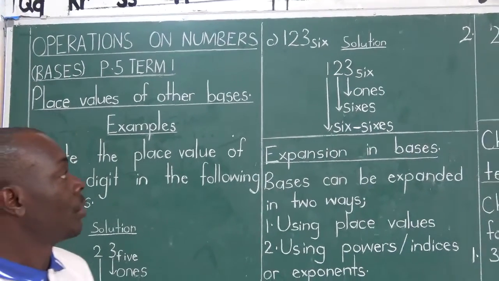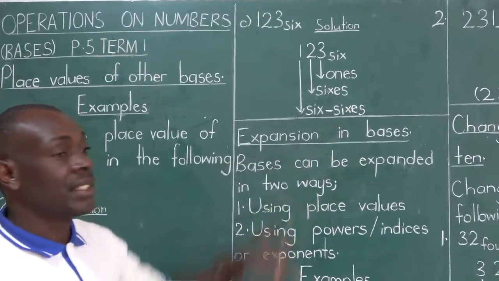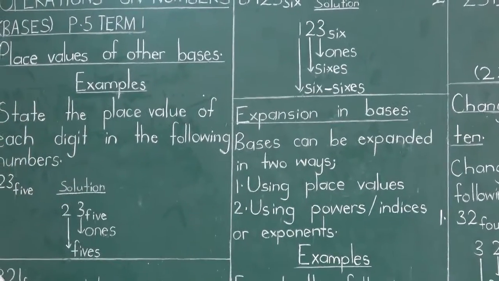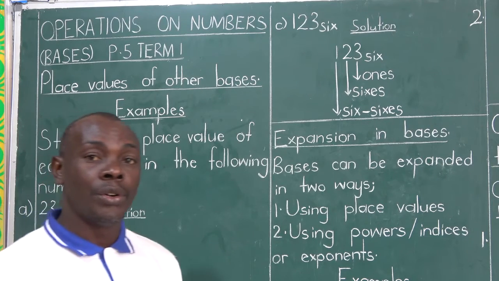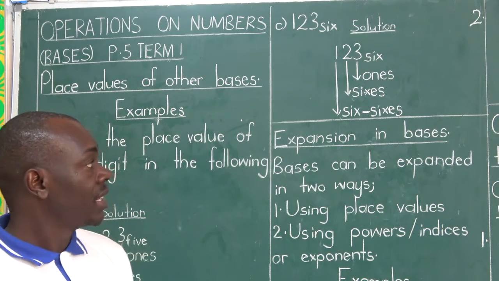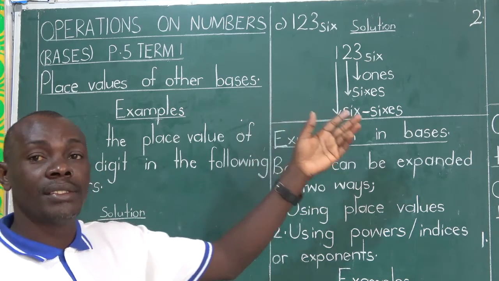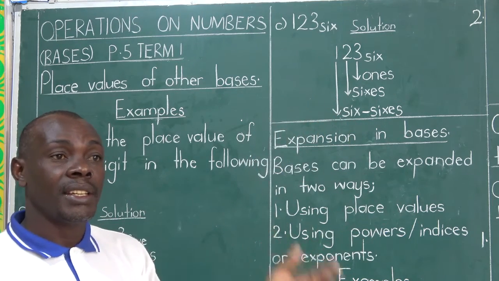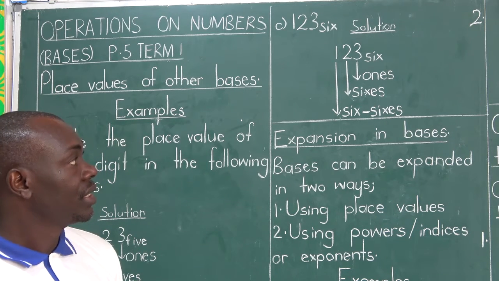And that's all. Note, in base 6 we add ES at last, not just S. If it is base 4, you say 1s, 4s, 4 4s, 4 4 4s, like that. If it is base 9, you say 1s, 9s, 9 9s, 9 9 9s, as you continue.